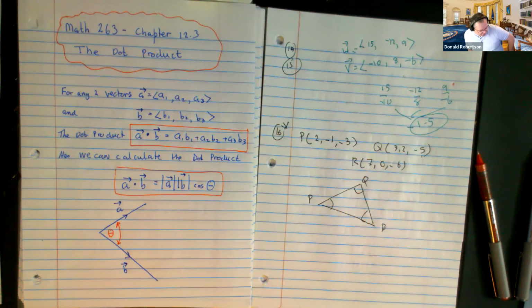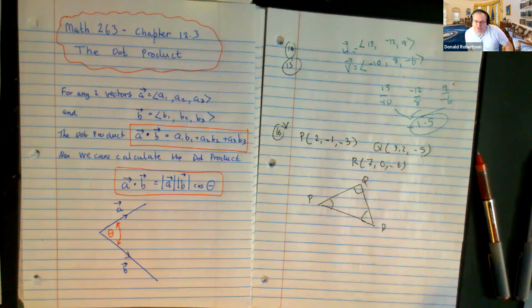Okay, so it was a bit like that big long question. Since we're only interested in it being right angled, if I wanted to save myself a little bit of work, couldn't I just stop at the dot product of each of the combinations? And if any of the three dot products, because it only happened to one of them, right? If any of the three are 0, haven't I got my proof? So you can actually find all three angles, just do it the long way, and one of them will be 90, in which case it's right angled, or none of them are 90, in which case it's not.